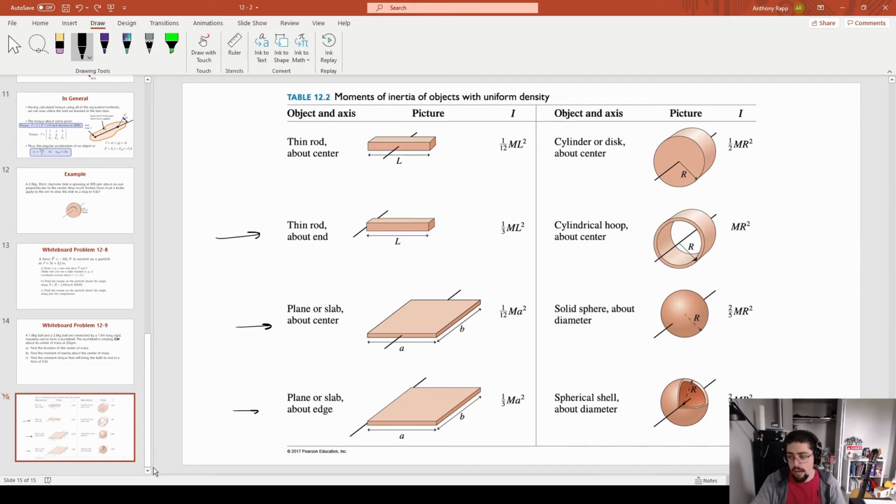That means the entire thing is just a capital R away. At any given point, I could just say this should be something like R squared dm. Well, all of it's at the same R. R is a constant here. What I end up getting is just R squared times the total mass.